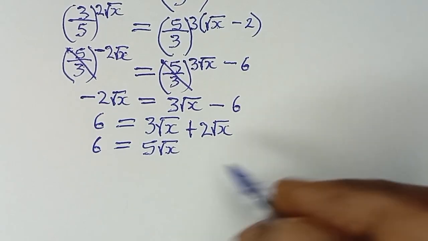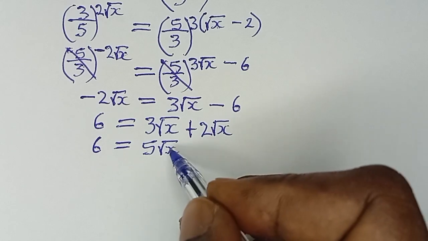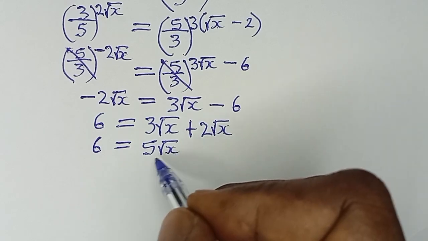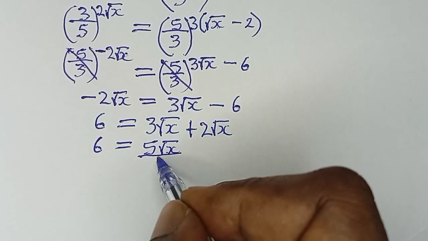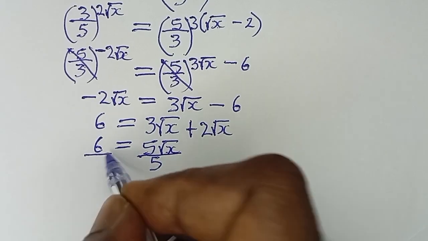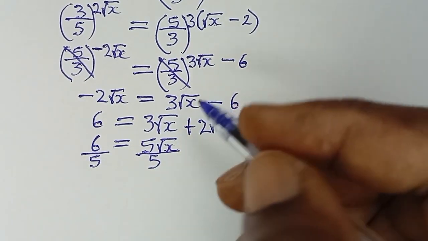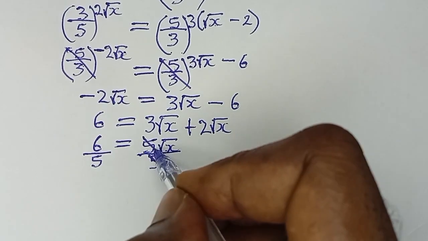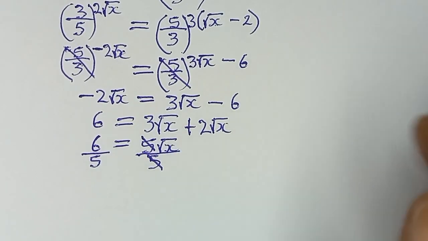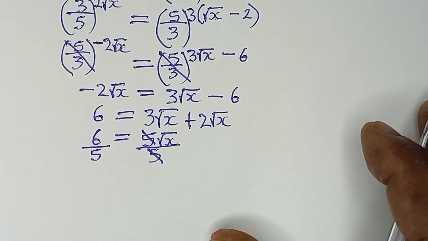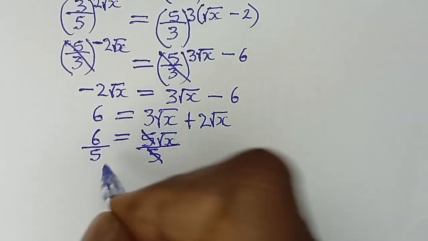So now I'm looking for the value of x. I can simply divide both sides by 5. When I do that, 5 will cancel 5 here, so I'm left with √x. So let me write this √x first on this side.